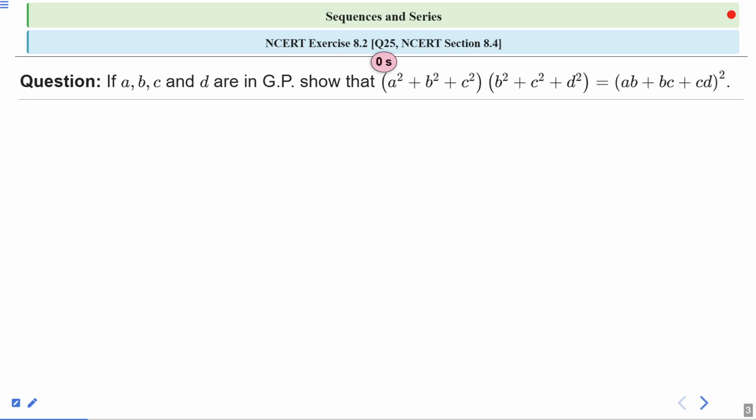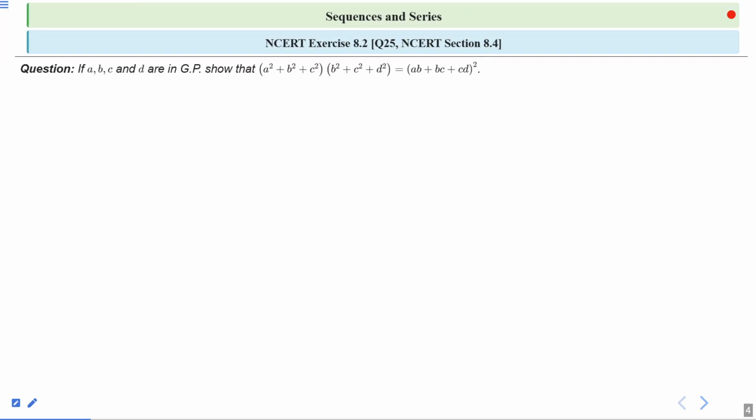Okay, your time is over now. So now we will see the solution. What information is given here? A, B, C and D are in GP.